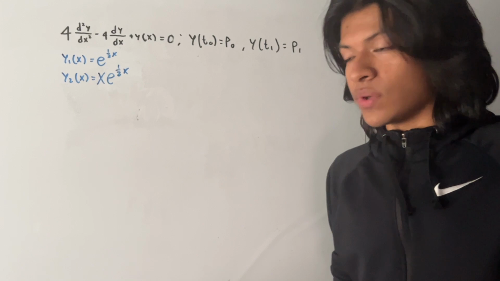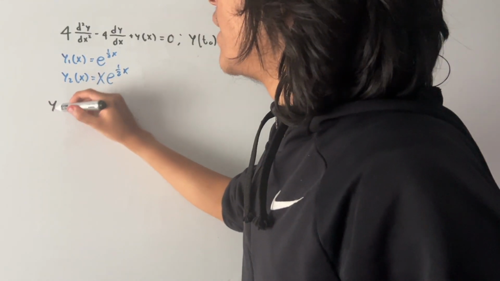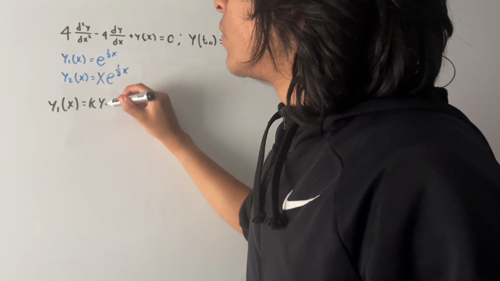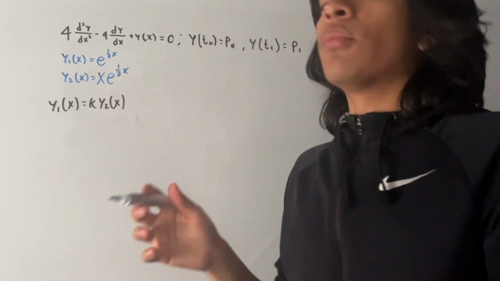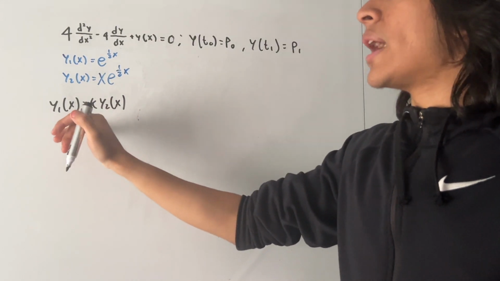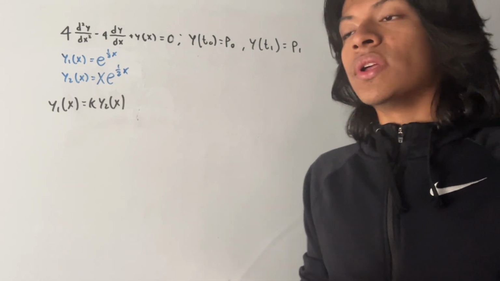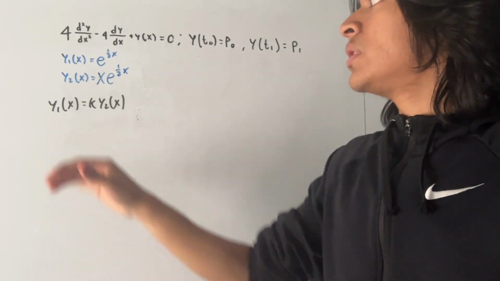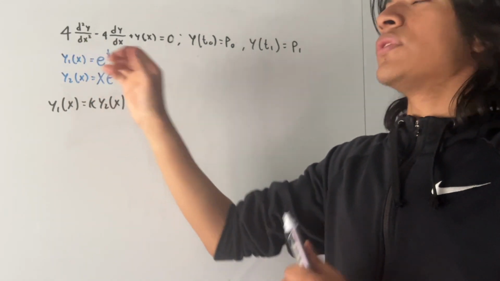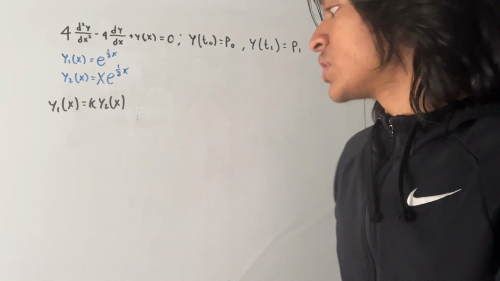The reason this works is linear independence: if y1 is equal to a constant multiple of y2, the normal way that we were doing it is not going to work. So if this ever happens, just multiply your second solution by x. Really, if r becomes a double root, whatever first solution you get, just multiply it by an x term, and that's going to be your second solution.